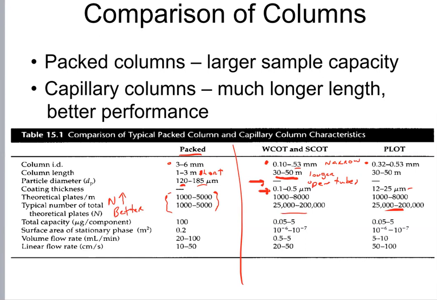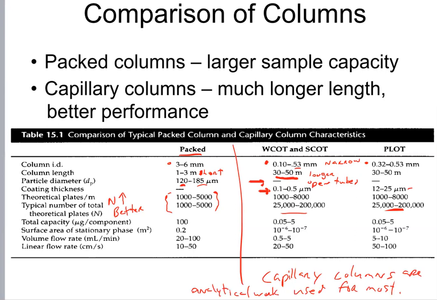Okay, so it turns out that capillary columns are used for most high performance analytical work, because you get a much higher number of theoretical plates, much better narrow peaks.